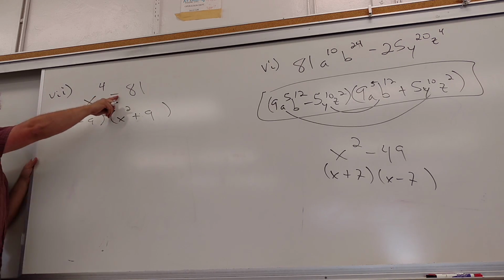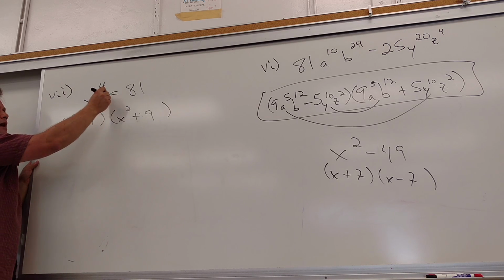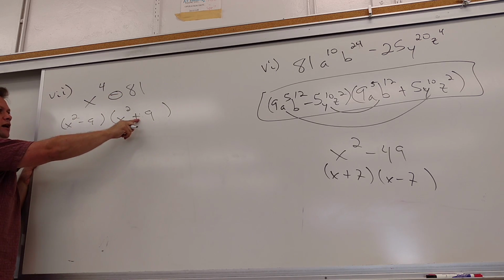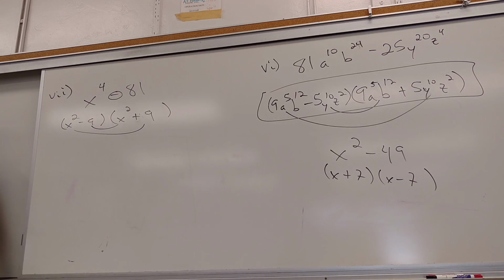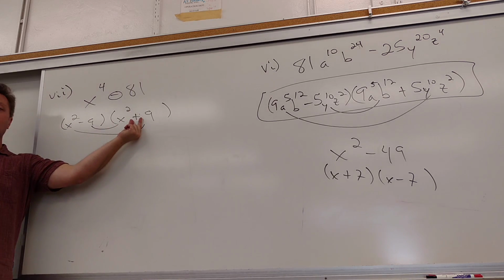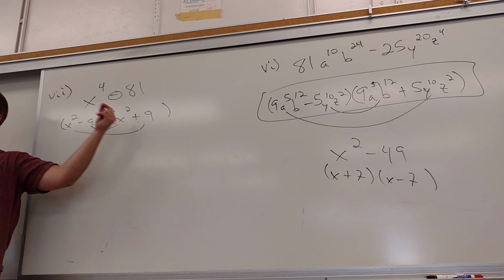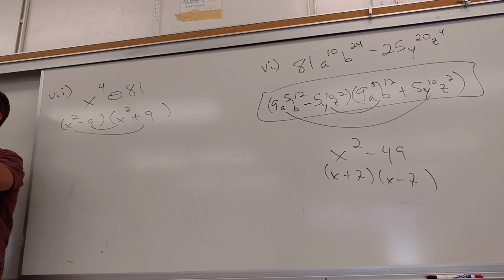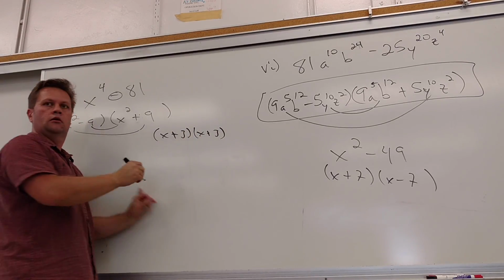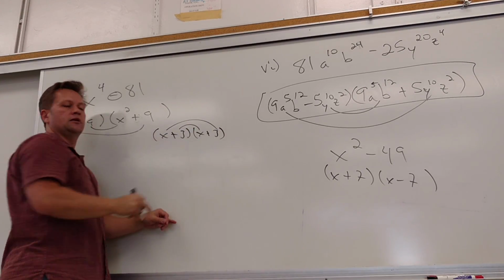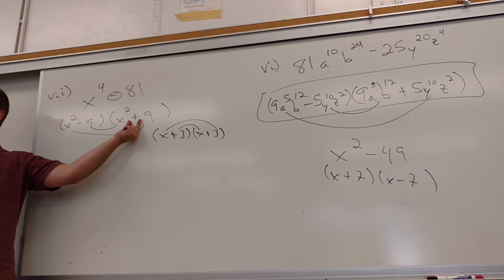So why do squares work? Because to make a negative number, I have to have different signs. If they're different signs, they will cancel each other, so the middle terms cancel. If it's positive, they have to be the same sign. Will the middle terms cancel? No. So if you think this factors to be this, why are you wrong? Because in the middle you get 6x. That can't be right.